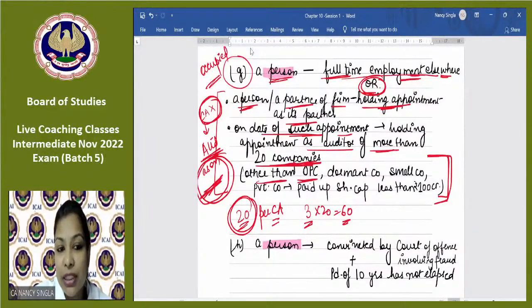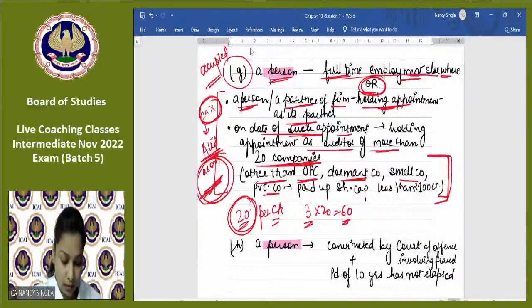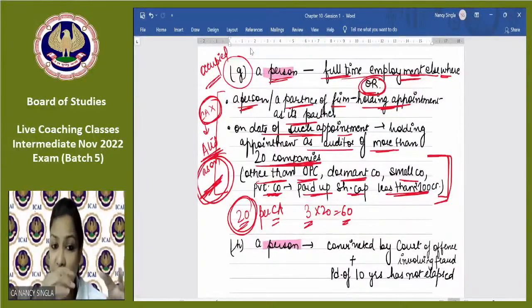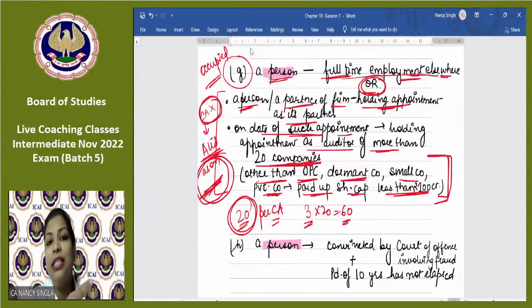One person company, dormant company, small company, and private company having a paid up share capital of less than 100 crores. So there is no limit on the audit of these as such in the Companies Act 2013. So this class of companies is not included when the limit of 20 is calculated.